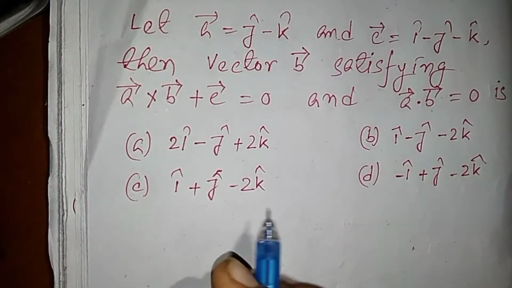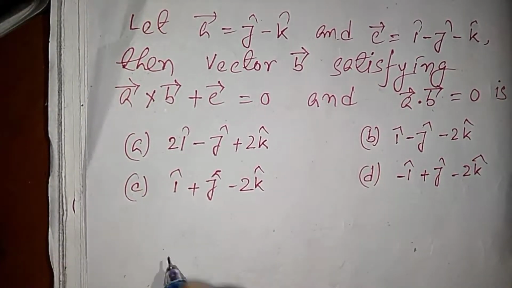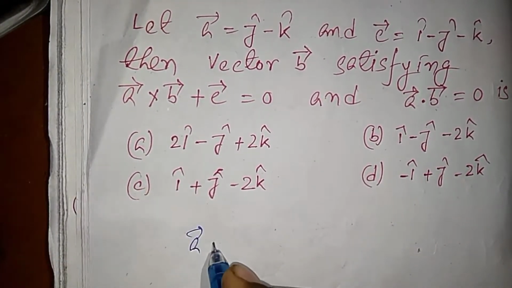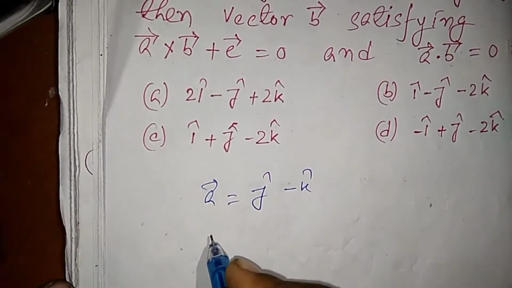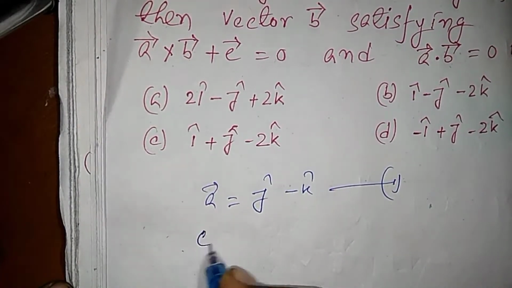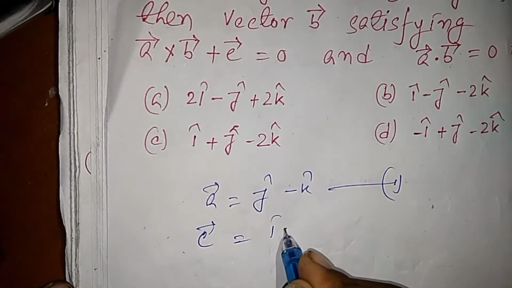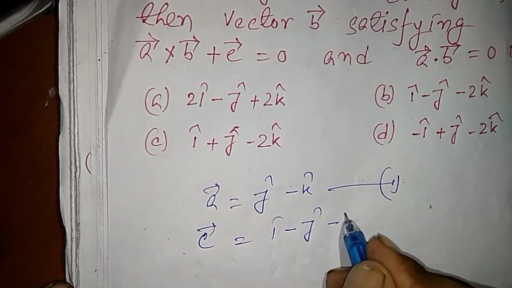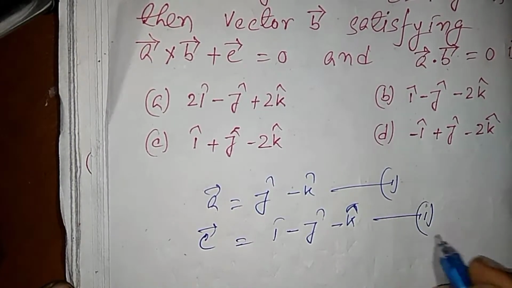Now I write here what is offered in the question. Vector A equals j cap minus k cap, I call it equation 1. Vector C equals i cap minus j cap minus k cap, I call it equation 2.